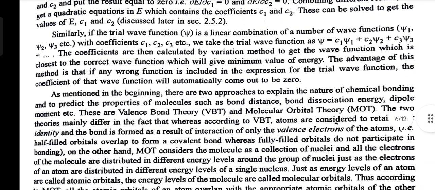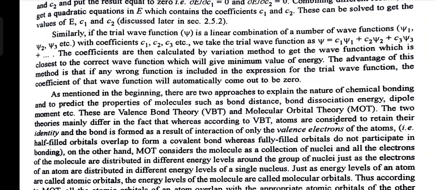Similarly, if the trial wave function psi is a linear combination of a number of wave functions psi1, psi2, psi3, etc. with coefficients c1, c2, c3, etc., we take the trial wave function as psi equals c1 psi1 plus c2 psi2 plus c3 psi3 plus so on.